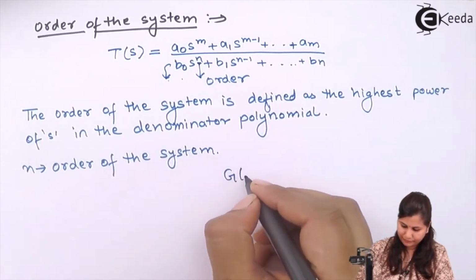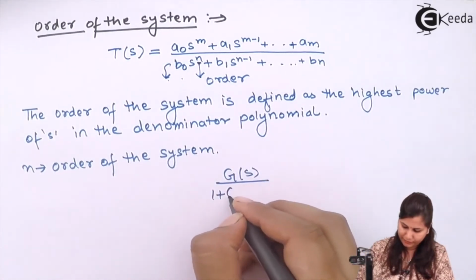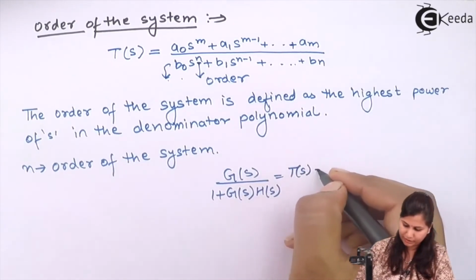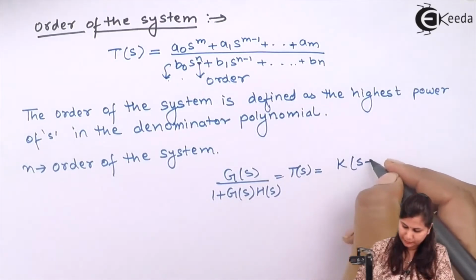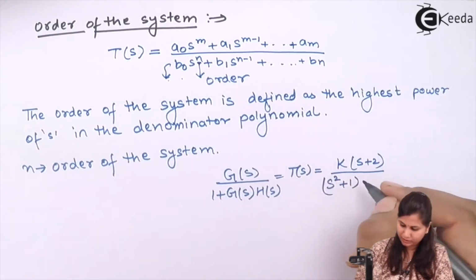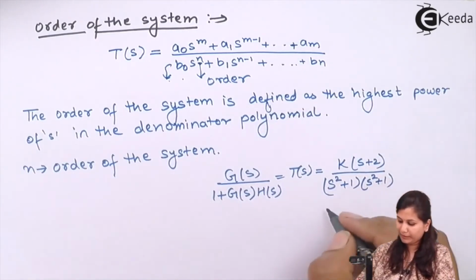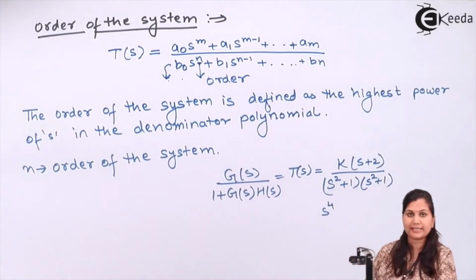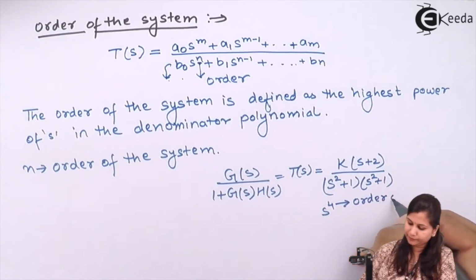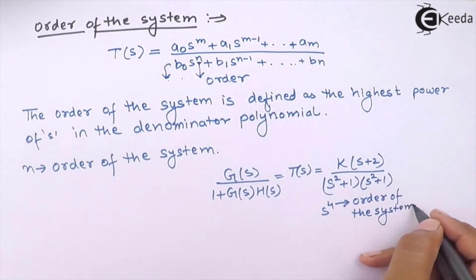Let's take an example. We have the transfer function G(s)/(1+G(s)H(s)) as K(s+2) upon (s^2+1)(s^2+1). If we multiply it out, we get the highest power as s^4. So 4 is the order of the system, that is, it is a fourth order system.